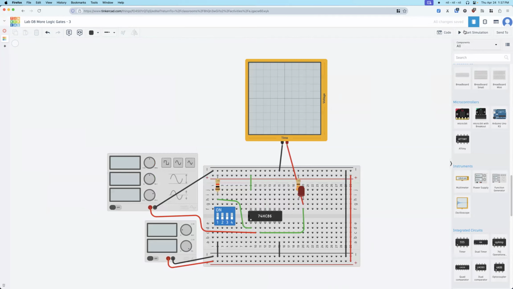Okay, let me run this. So first of all, I need to change this.